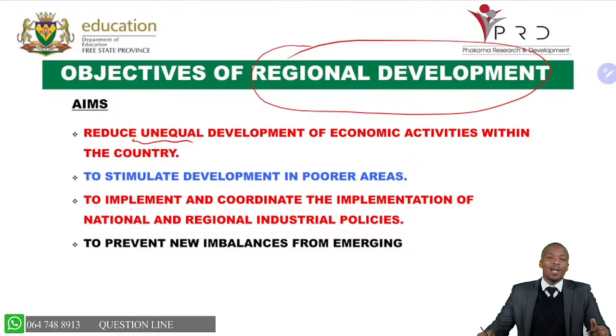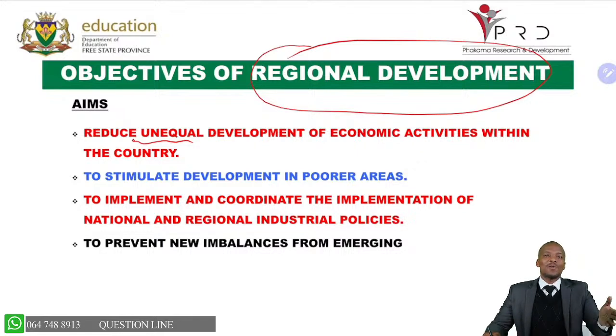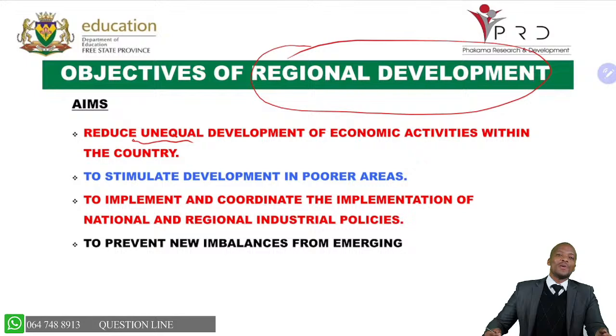We are saying here, regional development strategies should be managed effectively and free of corruption. So the word good governance is associated with being free from corruption.